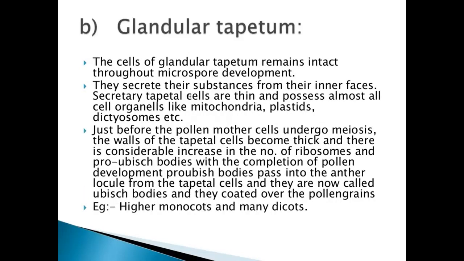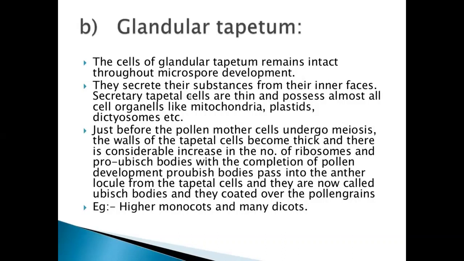And the second one is the glandular tapetum, or secretory tapetum. As I told you, these are the higher monocotyledons or developed plants. Many dicotyledons and higher monocotyledons are the best examples of the secretory or glandular tapetum.